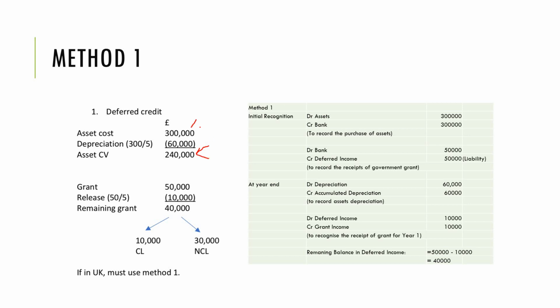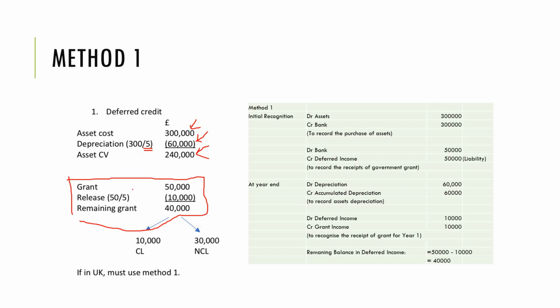So this is the cost. This is the accumulated depreciation. Okay, just like normal PPE recording, so not much different. The only difference is the grant. We receive a grant from the government of 50,000, and this 50,000 pounds needs to be amortized based on the useful life of the asset.